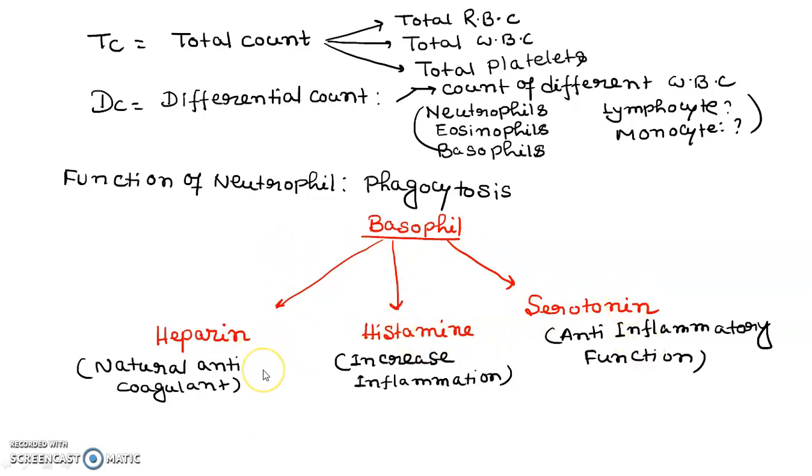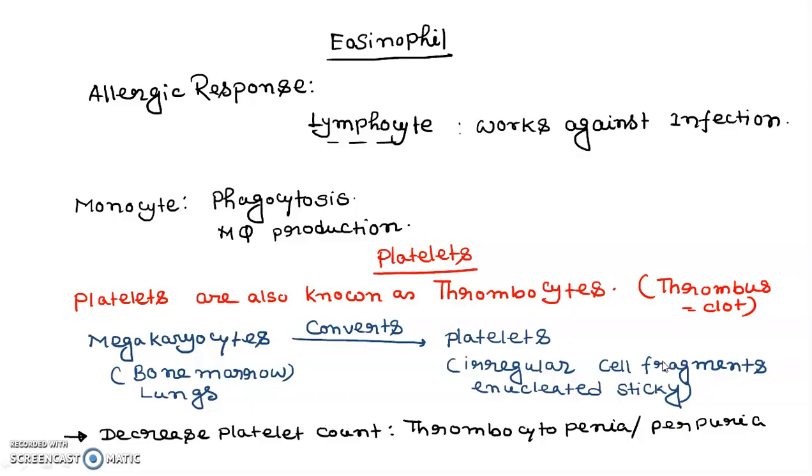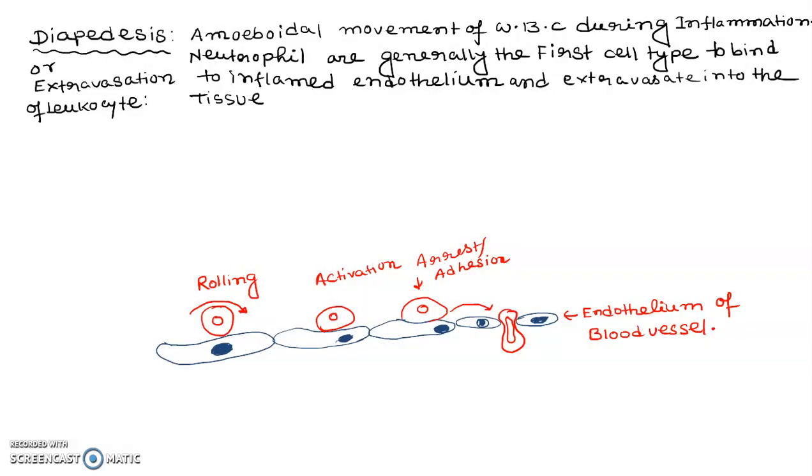Heparin is known as a natural anticoagulant, histamine increases inflammation, and serotonin is involved in anti-inflammatory function. Now, eosinophil is involved in allergic response. Lymphocytes work against infection.